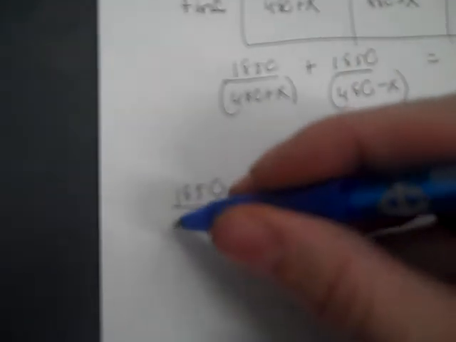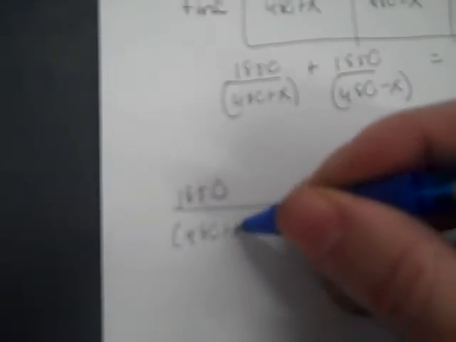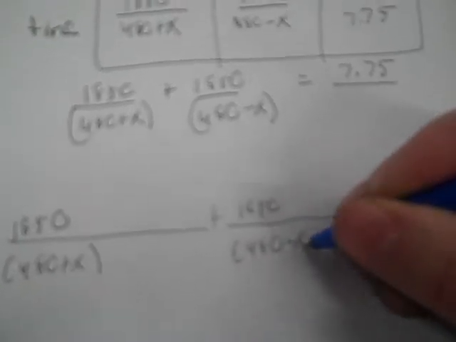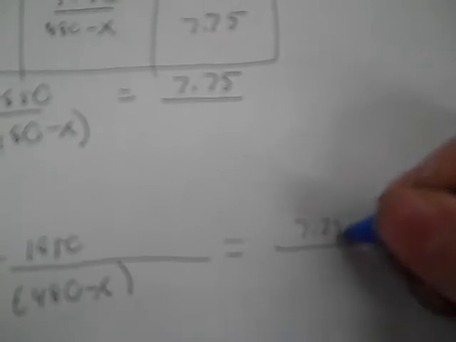Okay, we got 480 plus x, 1850, and what I'm doing now is I'm just creating room. Okay, and we're going to have to come up with the lowest common denominator. So I have a parentheses of 480 plus x and a parentheses of 480 minus x.